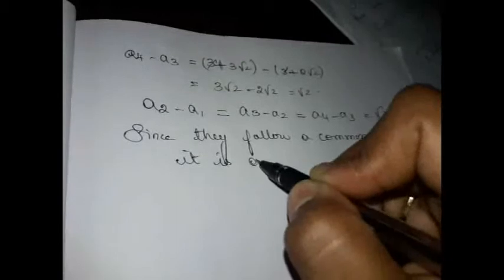A2 minus A1 is the same as A3 minus A2, which is the same as A4 minus A3. All are equal to root 2. Since they follow a common difference, it is an AP.